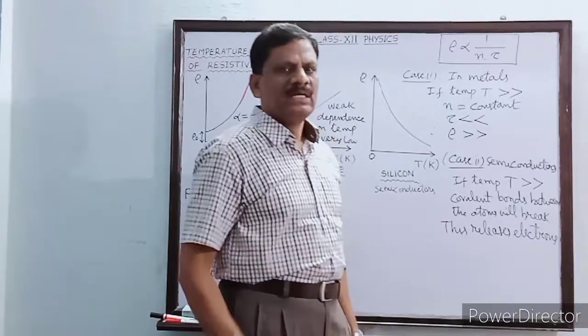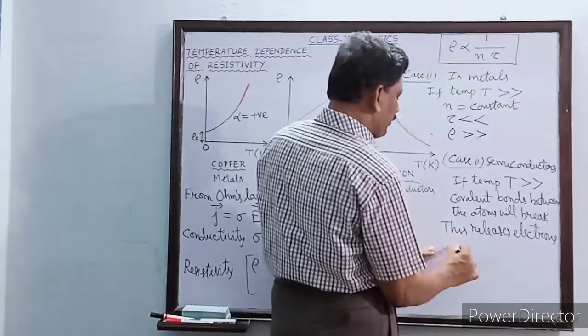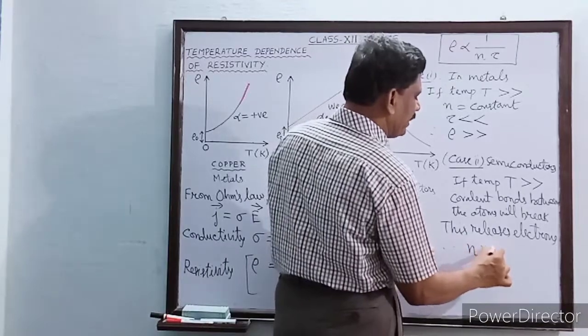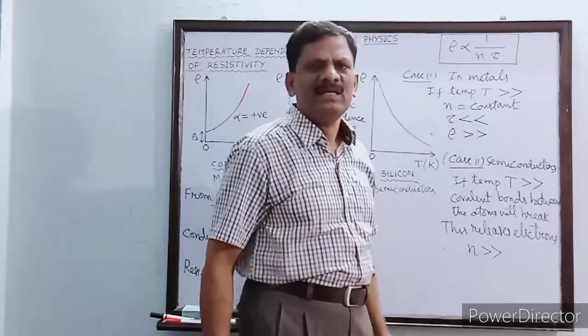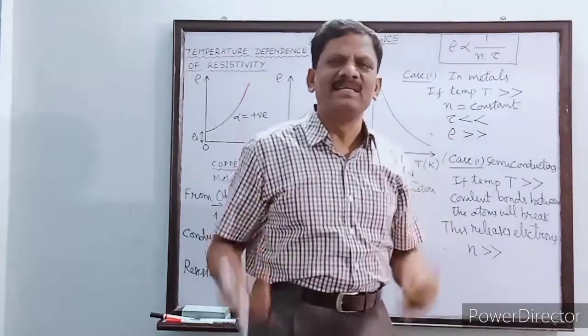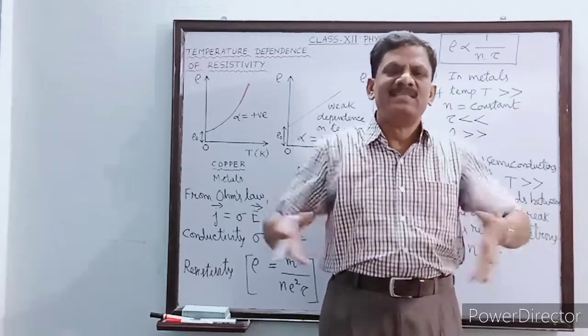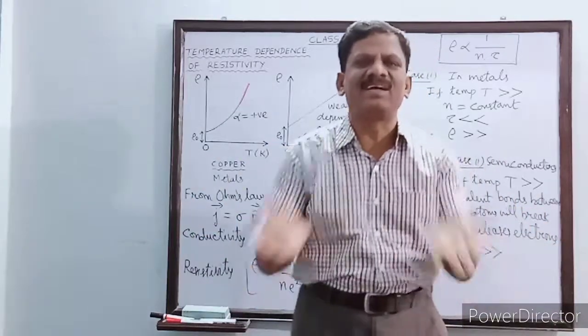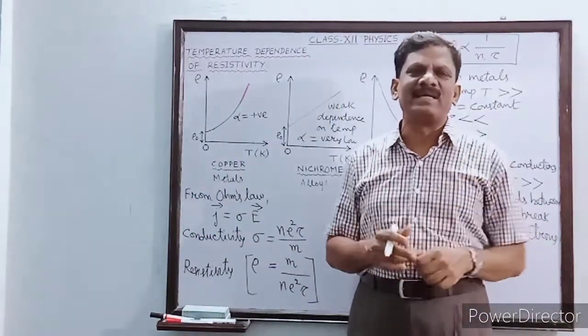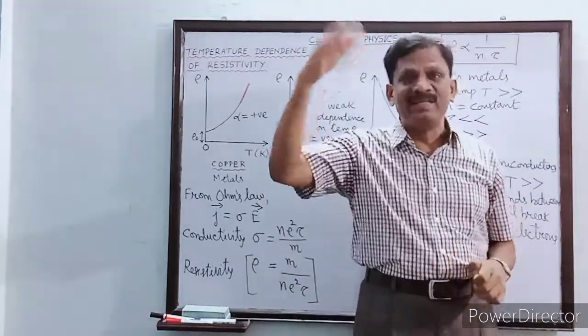Additional electrons means the number n increases. n increases enormously. As the temperature increases, more and more covalent bonds break, releasing more and more free electrons which take part in the conduction process. As a result, the number of electrons per unit volume n increases.